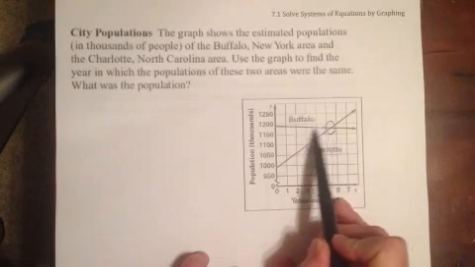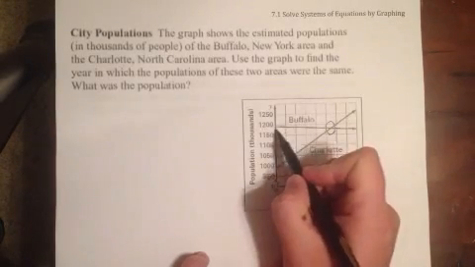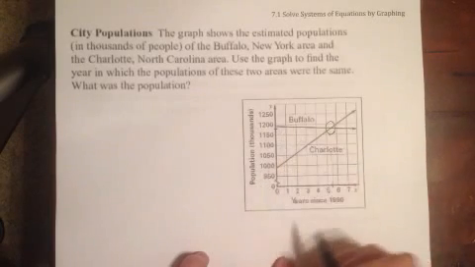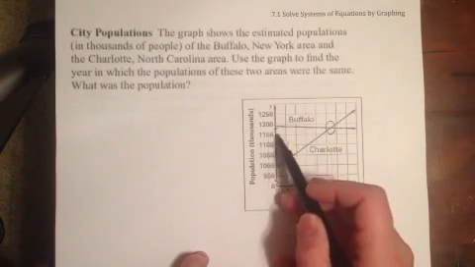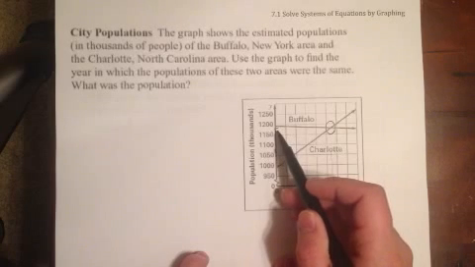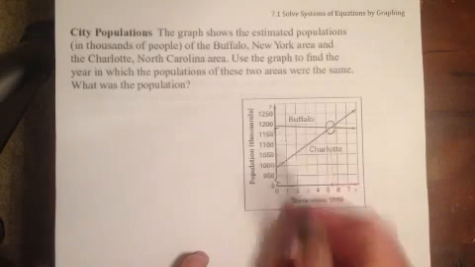If we go over here to the population, we would be right about here, which is just under 1.2 million. This is 1,150,000, so maybe something like 1,180,000 or something along those lines.